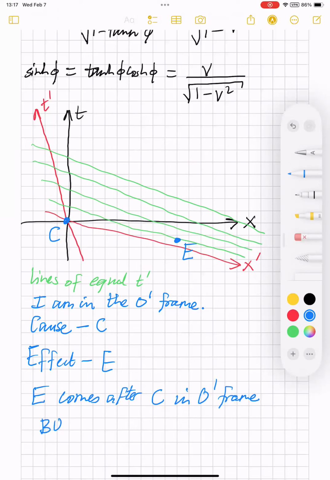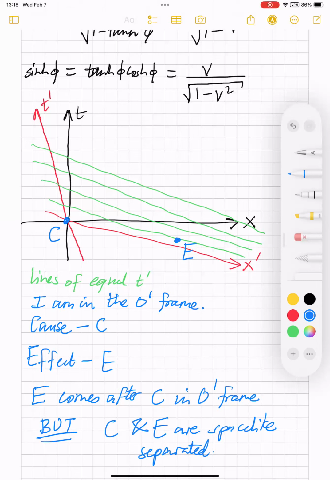but here's an important point. C and E are space-like separated. Okay? So this is a situation where that effect could only happen if, say, the bomb that blew up at the cause at C produced particles that traveled faster than light.